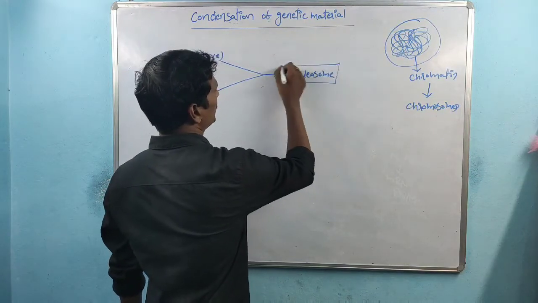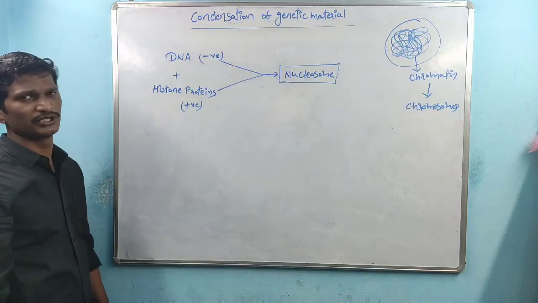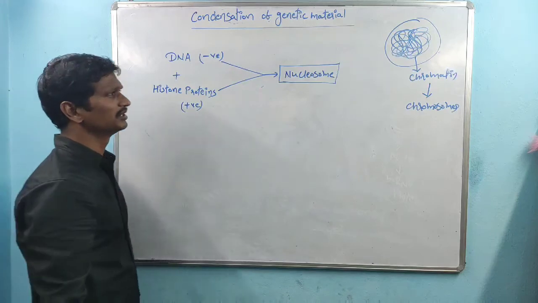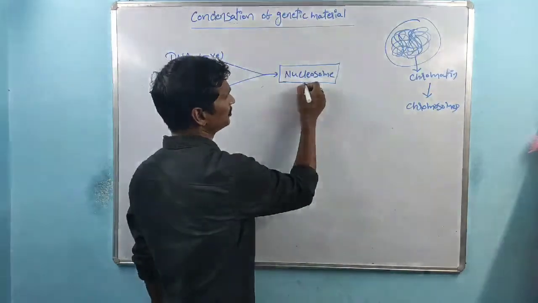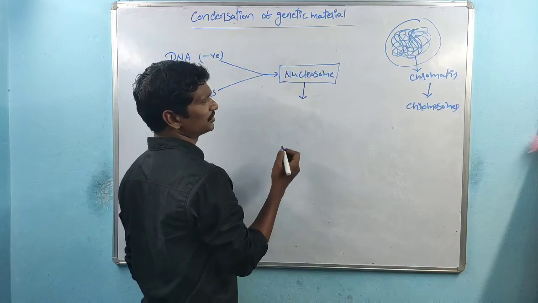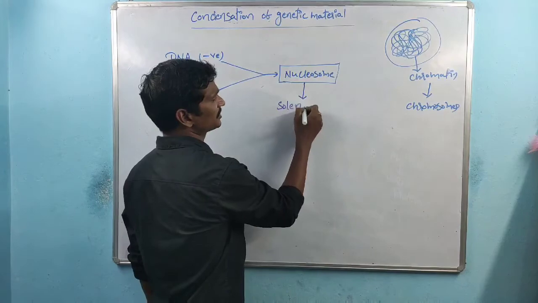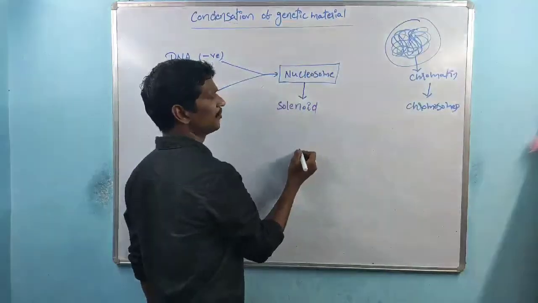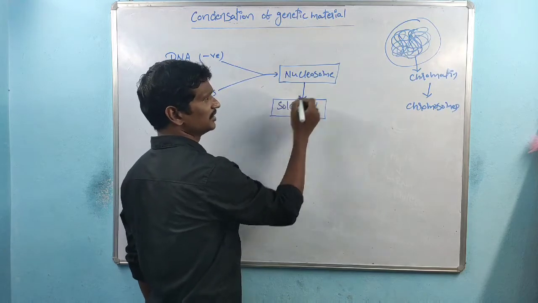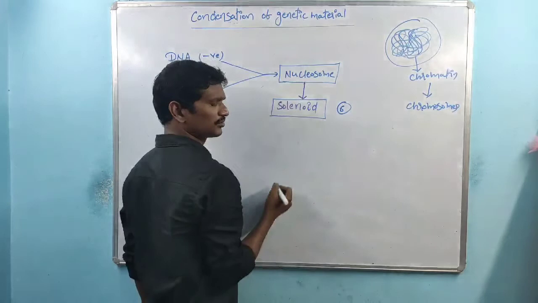The combination of DNA and histone proteins produces the nucleosomes, right? Six nucleosomes combined produce the solenoid structure.